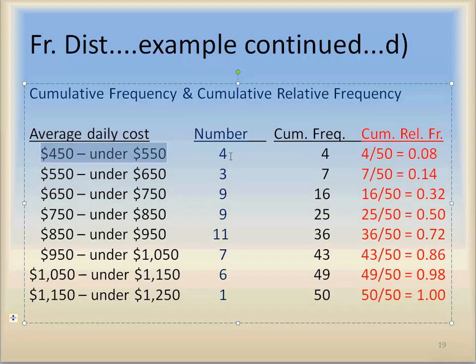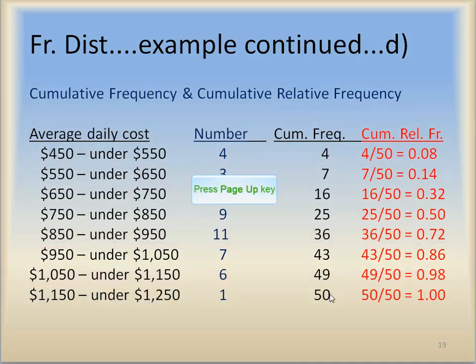However, if we start at 450 to under 650, we must add up the 3 and the 4 we already have, so we get 7. From 450 to under 750, we have 4 plus 3 plus 9, which is 16, which is the same as 7 plus 9, and so on, all the way to the last one. And we know that in total between 450 to under 1250 there are exactly 50 states.